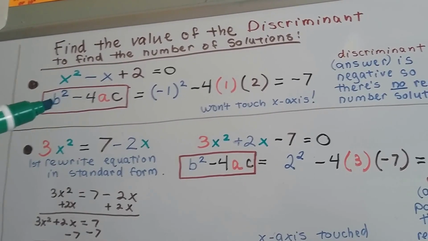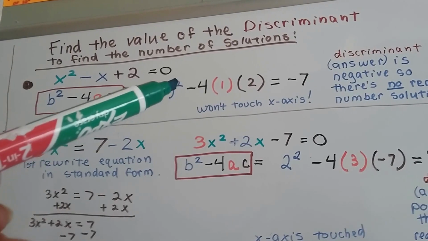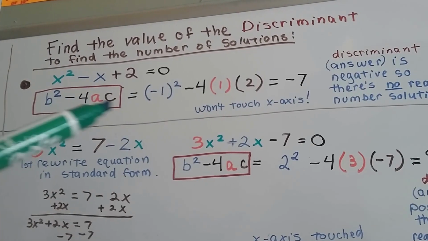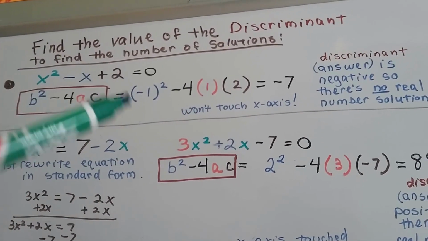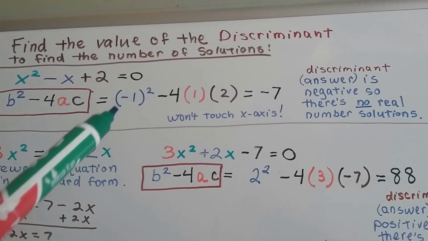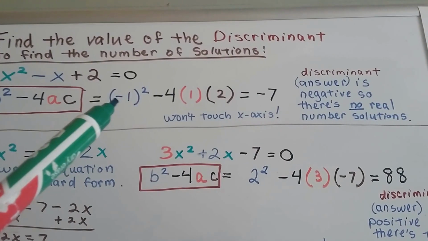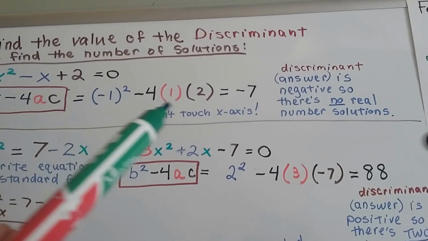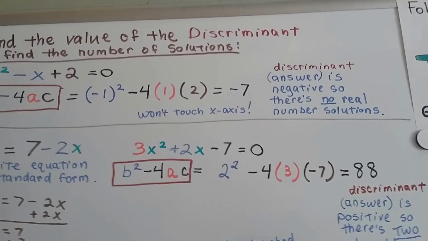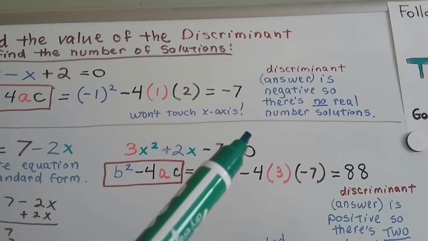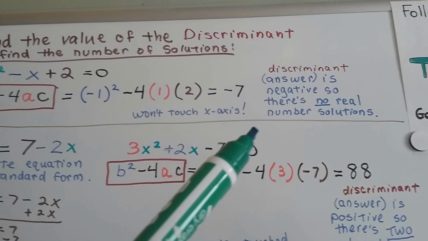So for b squared, we get -1 squared minus 4 times a times c, times 1 times 2. When we do the math, -1 times -1 is +1, and we take away 8, we end up with -7.